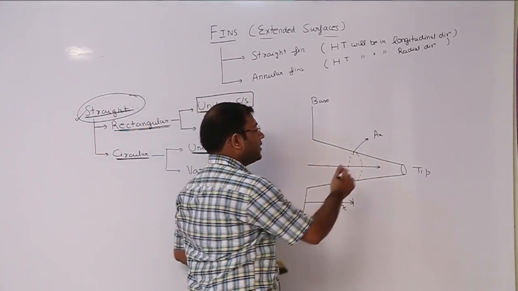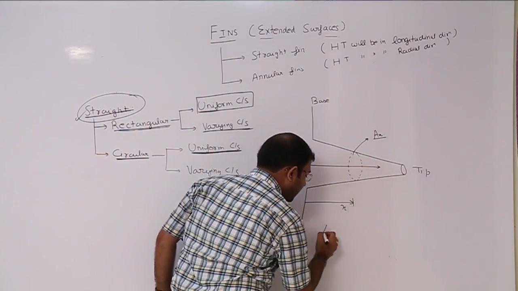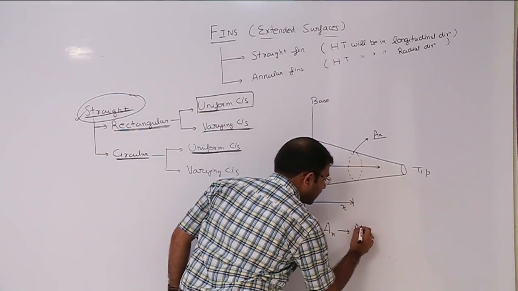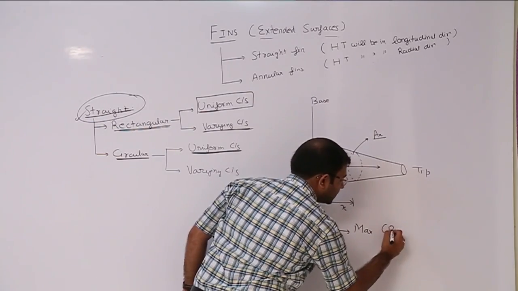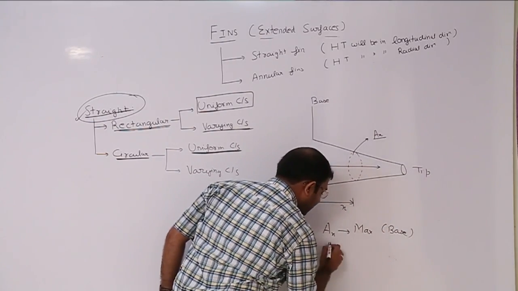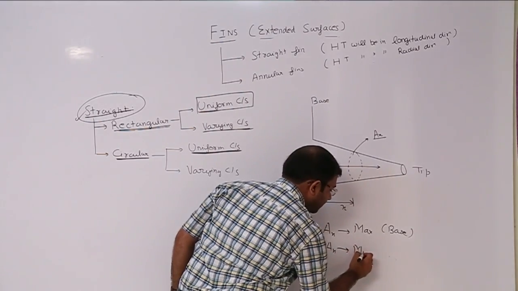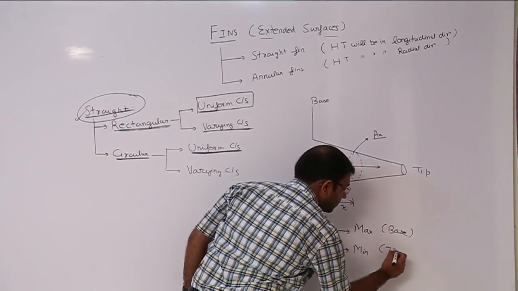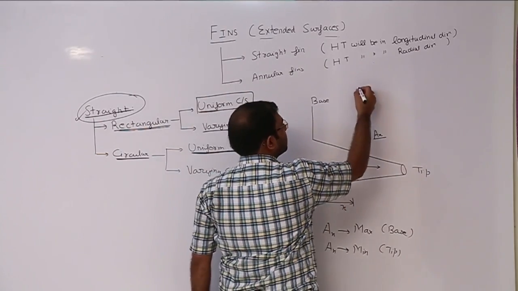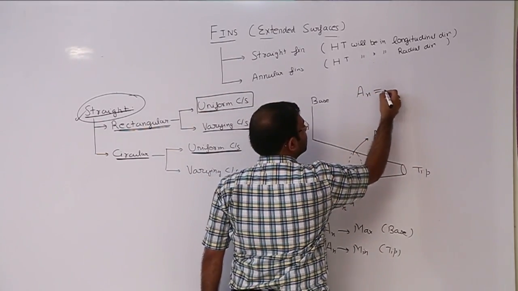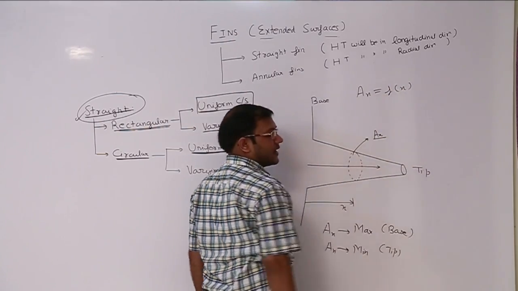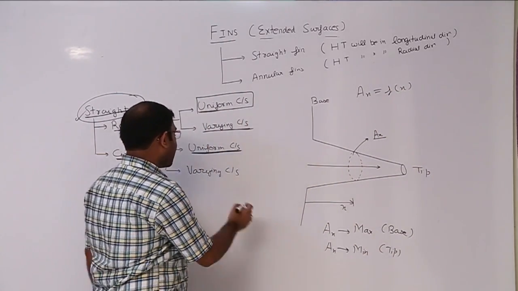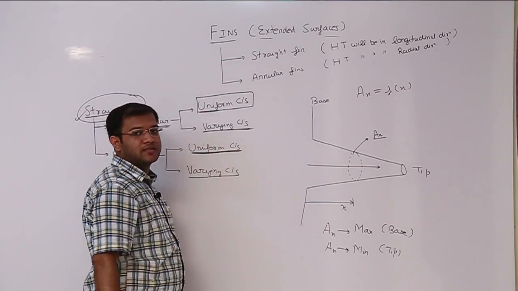Let the area be Ax. Now we see that Ax is maximum at base and Ax is minimum at the tip. So we see that Ax is a function of x direction. So these are categorized as varying cross section.